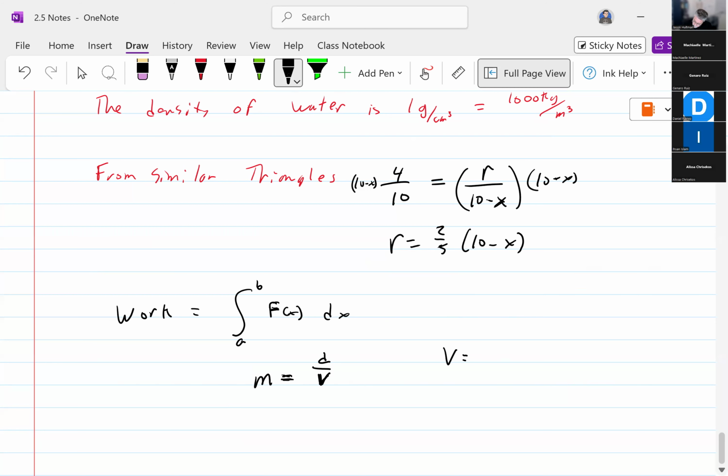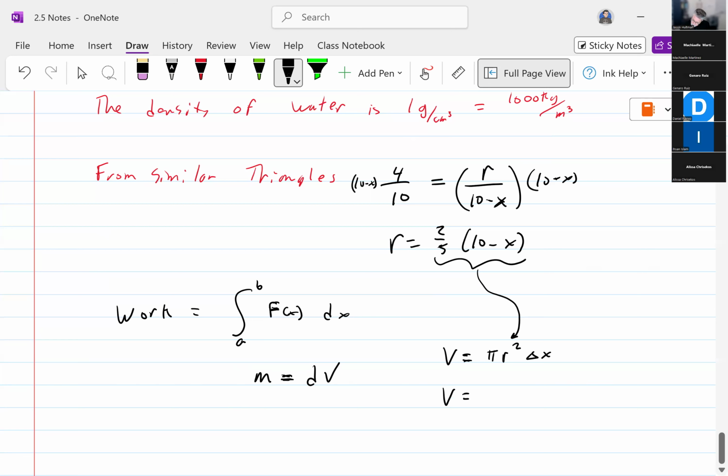Oops, this is wrong. I don't know what I'm doing. The mass is D times V, I'm sorry, not D over V. So the volume, remember, was equal to pi r squared delta x, but now we have an expression for R in terms of X. So we're going to plug that in here.